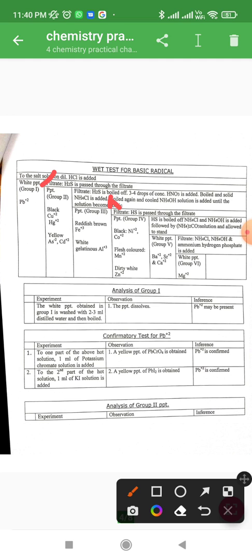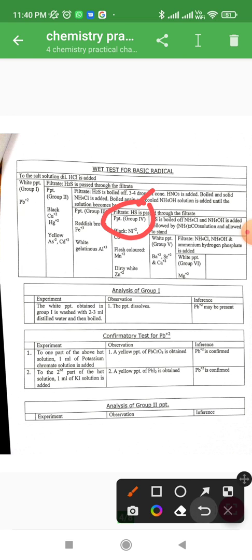Here you may include till saturated. Then boiled again and cooled and ammonium hydroxide solution is added until it becomes basic. And here you have to write no precipitate, group 3 is absent. Then again you write H2S is passed through the filtrate, no precipitate, group 4 is absent.